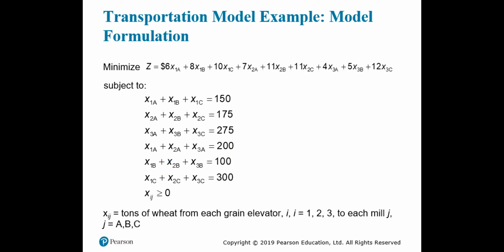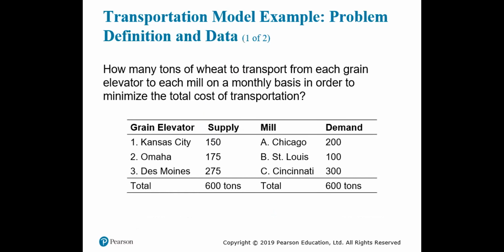Now, let's get back and understand what we are trying to do. We are trying to find out how many tons of wheat we transport from each grain elevator to each mill in order to minimize the total cost. So it is this cost we are minimizing.